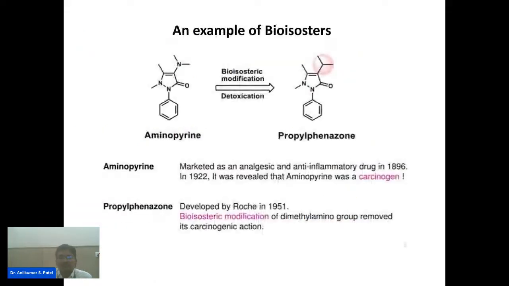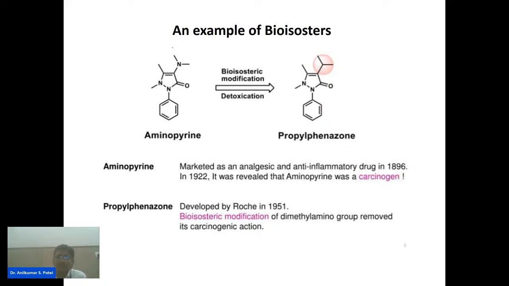Next, an example of bioisosterism is aminopyrine. Aminopyrine is a marketed analgesic drug approved in 1896, and in 1920 it was withdrawn from the market because it is a carcinogen and produces toxicity.